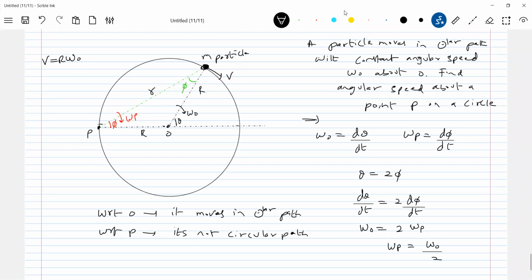I'll put some conditions which will really help you here. V is not perpendicular to R bar, otherwise if it were perpendicular I would have written it.